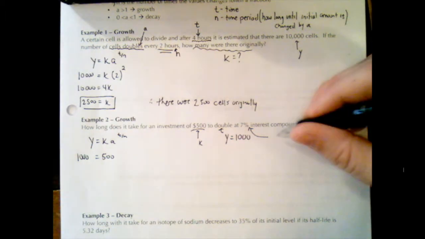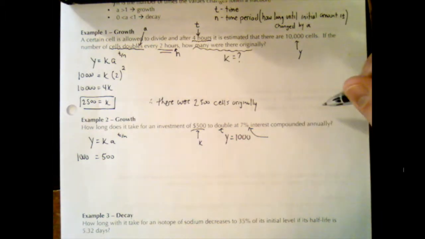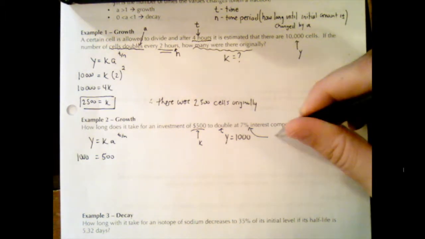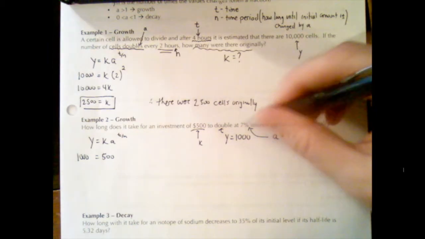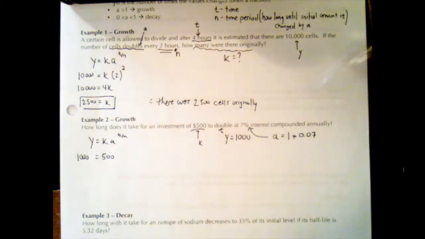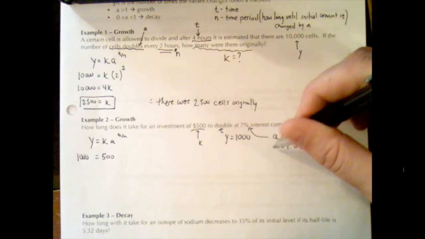So our growth factor, or by how much we're changing, would be up 7%. So A would be 1 plus our growth factor of 0.07, or 7%. So A is 1.07.